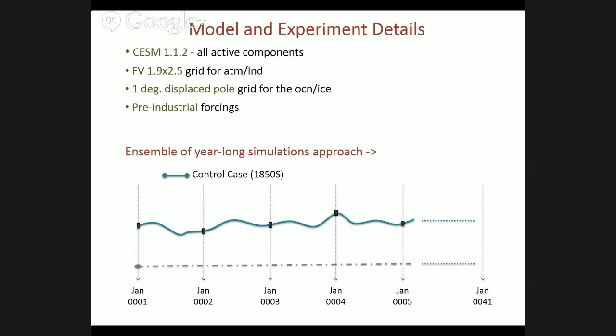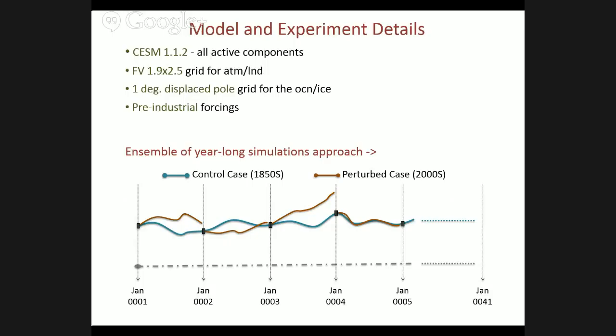S stands for sulfates. Next, we did a perturbation run wherein the only thing different from the control case is the emission files, only for the sulfates, changed from 1850 to 2000. I call that case 2000S.